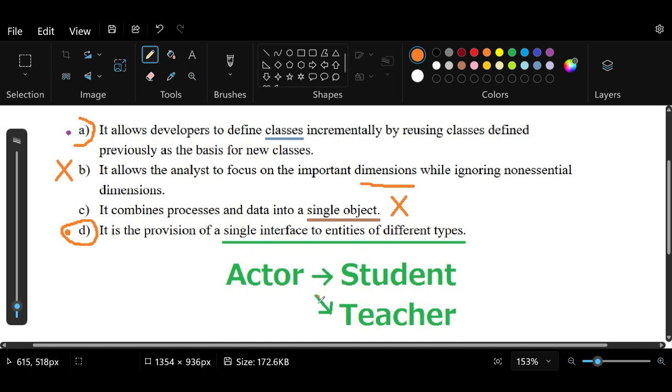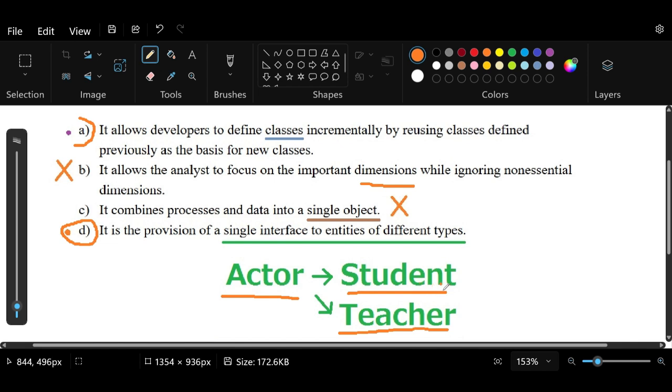For example, if we got an actor here, something that does some sort of activity, then polymorphism would let us create a student and a teacher out of the actor, and whatever behavior and attributes the actor would have, they would also be applied to the next classes that make use of the actor class.